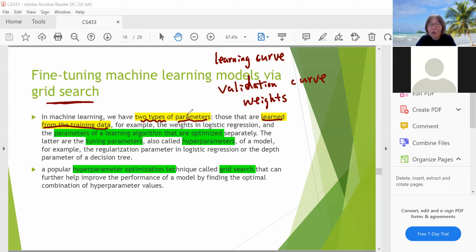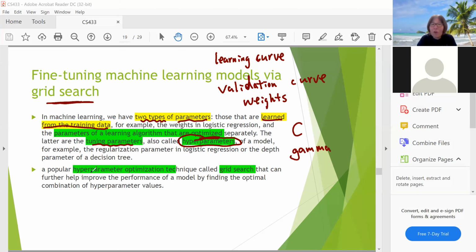Another type is the parameter we need to optimize, which we call parameter tuning. Those kinds of parameters we call hyperparameters, like the regularization C and the gamma.